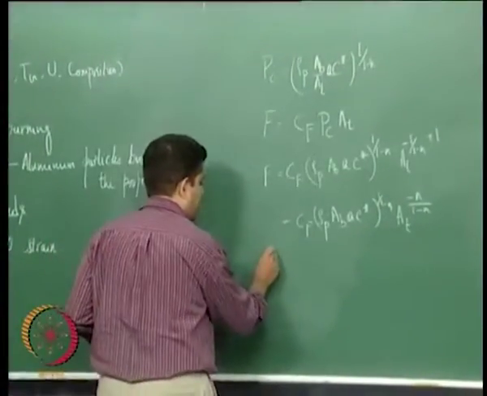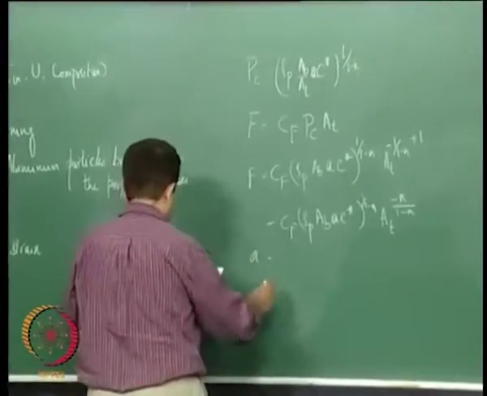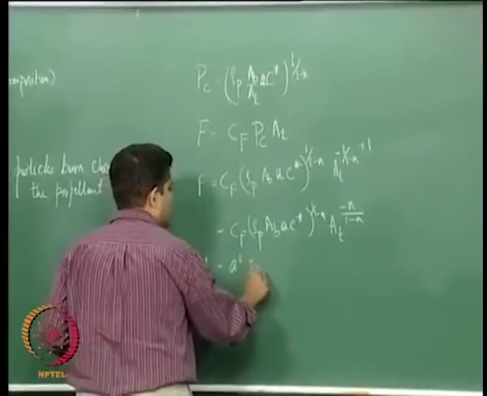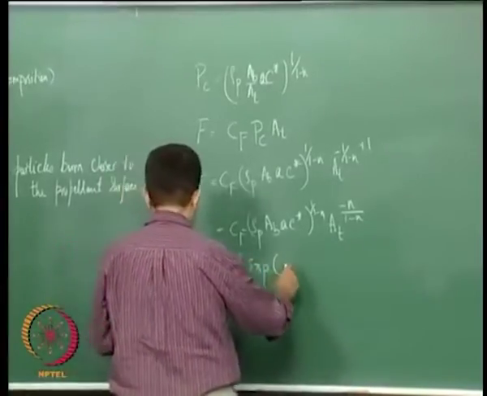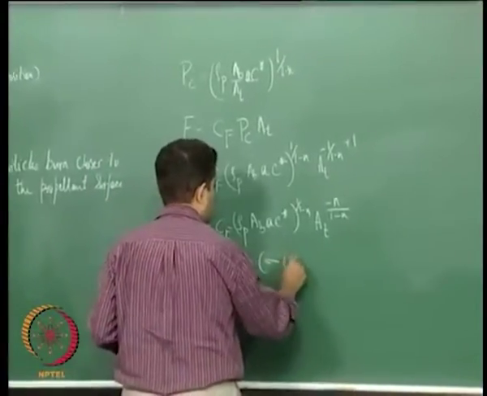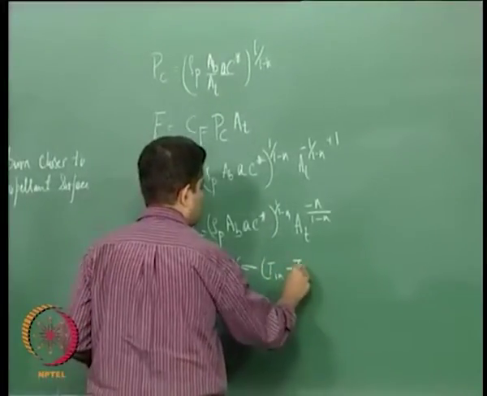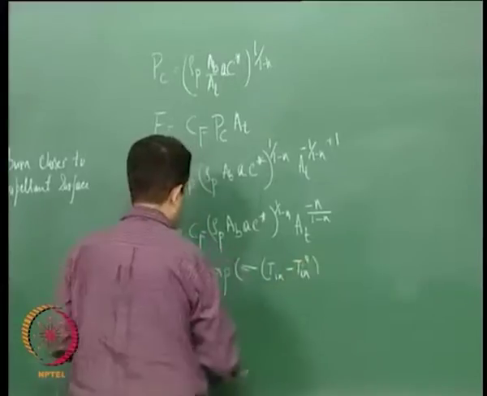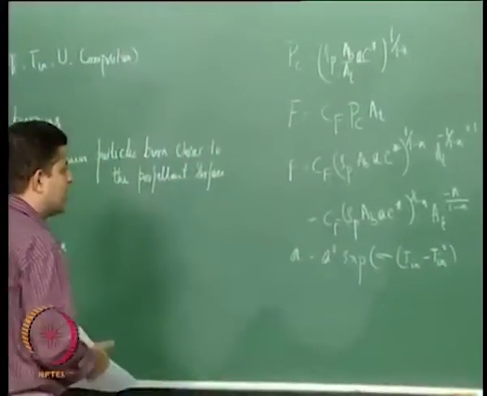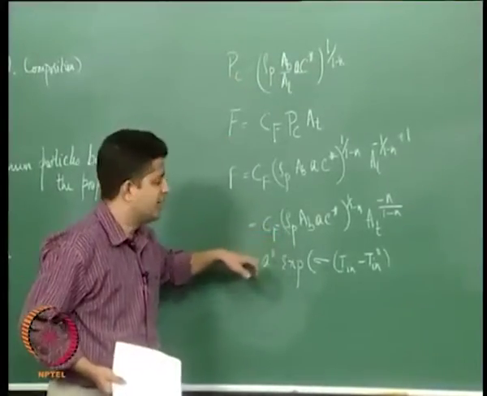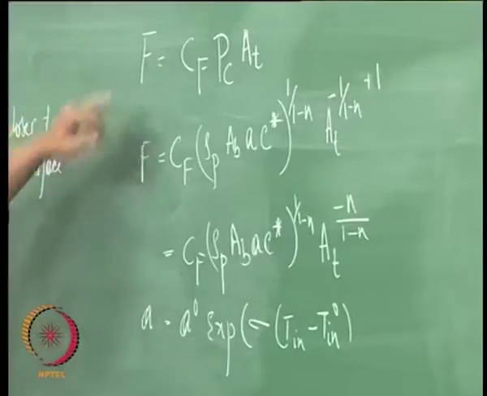We knew that A was A naught into exponential of the following, okay. So if we plug that into this equation and this equation, we will get the variation of chamber pressure and thrust.